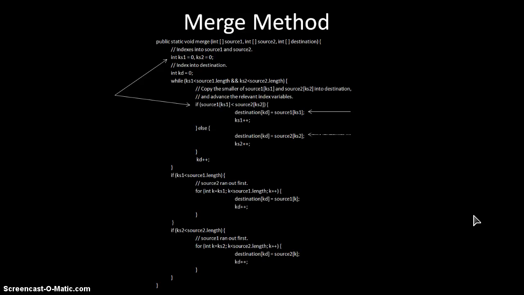If the opposite is true, then the first element of the second array will be assigned to the output array. As soon as one of the argument arrays becomes empty, all of the elements of the other array are placed in order at the end of the output array.